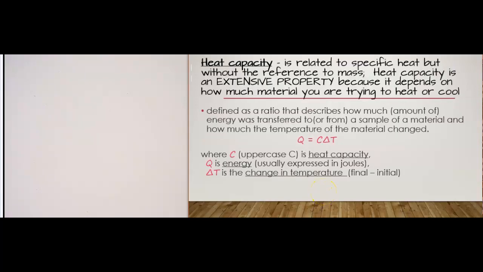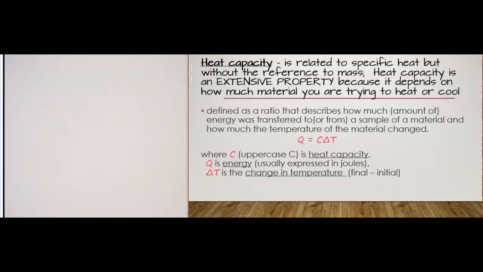The second term for this video is heat capacity. It's related to specific heat, but it doesn't have the reference to mass. In other words, it's an extensive property, because heat capacity depends on how much material you're trying to heat or cool.